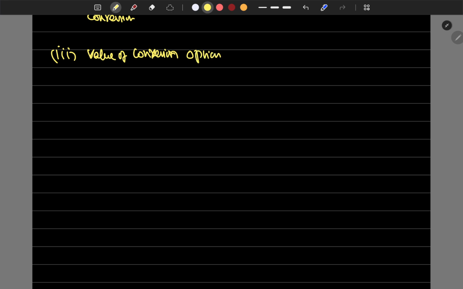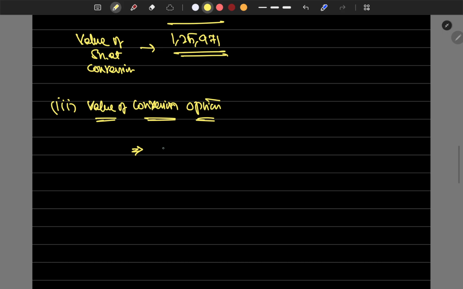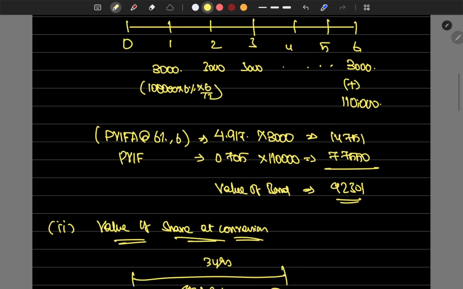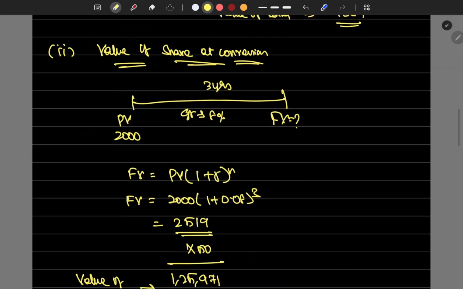So value of conversion option, right? Now what's the present value of dividends that we are going to receive? We have 50 shares, and we are getting a dividend of rupees 50 for every share.